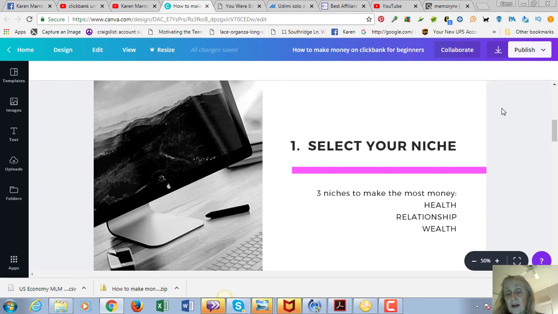The second area you could choose for your niche would be relationships, such as dating or any problems that people have in relationships. And the third area is wealth, and this could be how to make money online through affiliate marketing, real estate investing, anything to increase wealth. So you want to make sure one of those is what you pick for your niche.